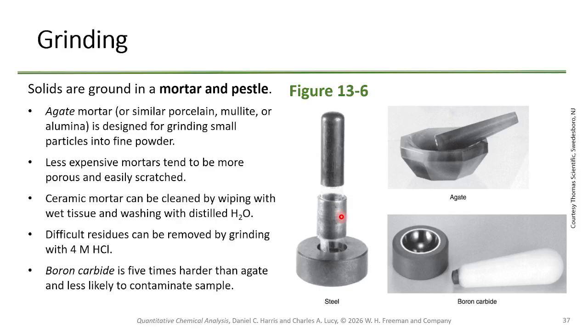But if you grind anything harder than steel, it's just going to cut through the steel, and you'll grind off your steel into whatever you're testing. Okay? And so you always have to have something that's harder than the material you're going to test, but not so weak that it's going to fracture and break when you try to do this. Less expensive mortars tend to be more porous and easily scratched. Do you understand why porous is a problem?